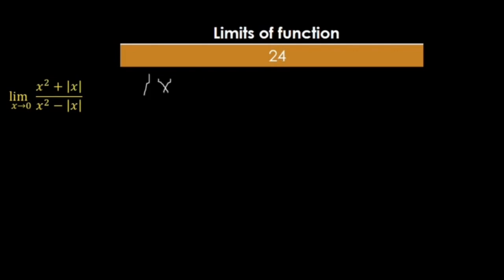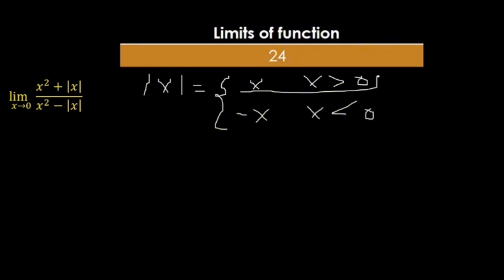Know that magnitude of x is equals to what? x when x is greater than 0 and minus x when x is less than 0. Here we notice that x is increasing, moving to 0 plus. Okay, we take this part of it.